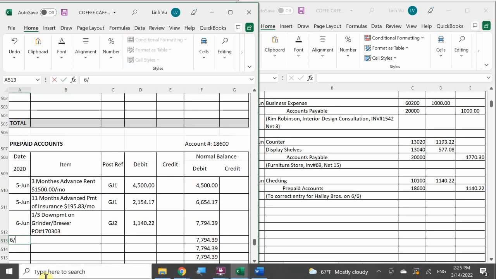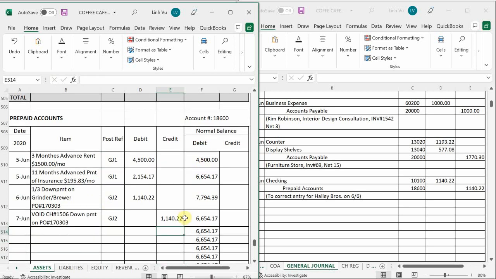So in this case, right here, 7, you could say void check number 1506, down payment on PO number 1703. Reference number again, we're still on general journal number 2, but because I reversed the transaction, should be decreasing my prepaid amount back to 665417.